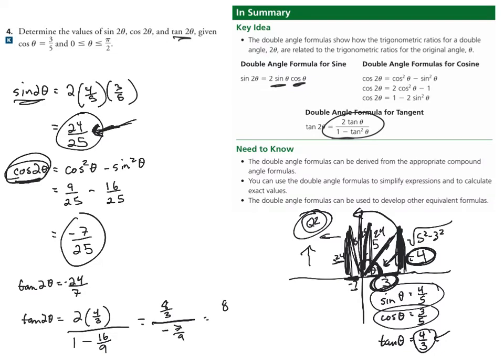So that's 8/3 divided by negative 7/9, which is times negative 9/7. This 3 can cancel with that 9 and have a 3, so it's negative 24 over 7. And we knew that. All right, let's go to number 5.